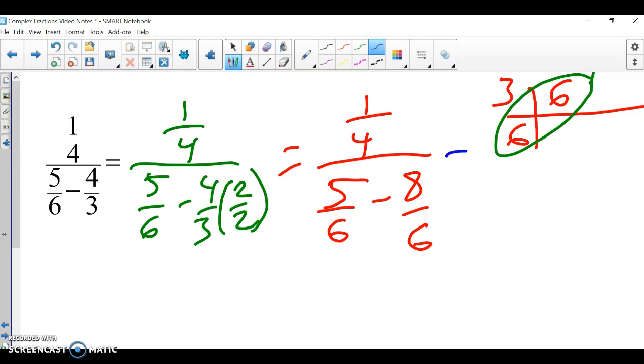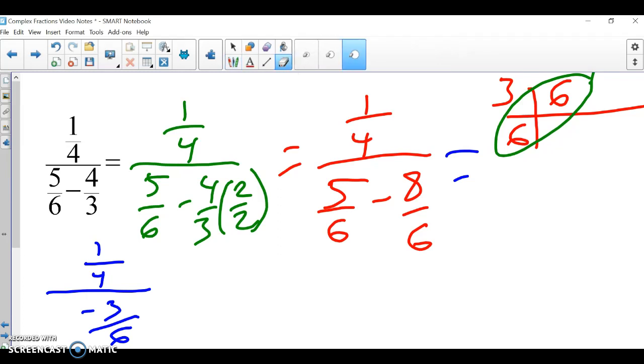Okay, so I wrote kind of big. We're going to have to go to the next line. So on the next line, 5 minus 8 is negative 3/6. You know what? I know another name for negative 3/6. Negative 3/6 is actually just negative 1/2. So let's make that into negative 1/2.